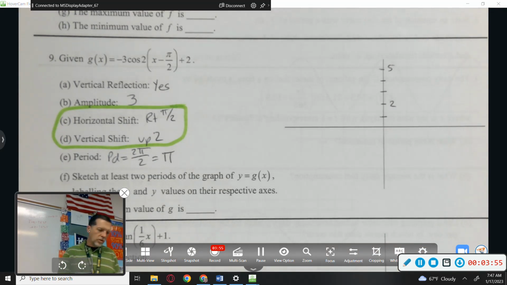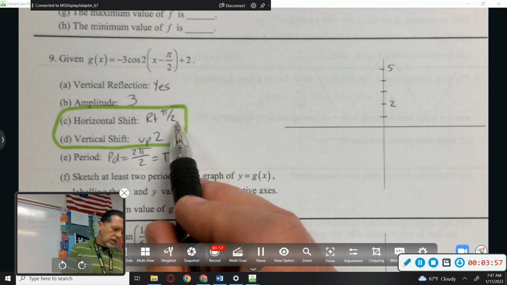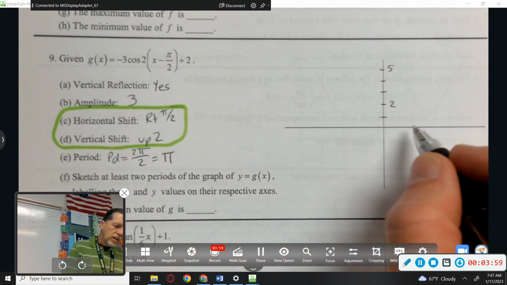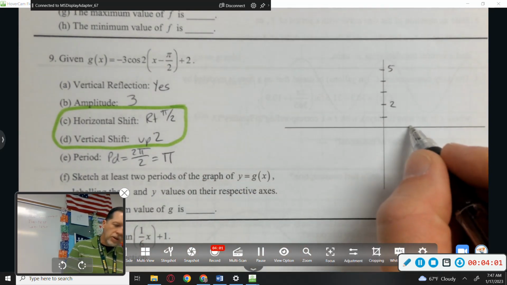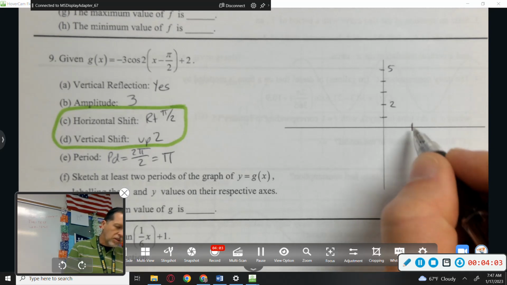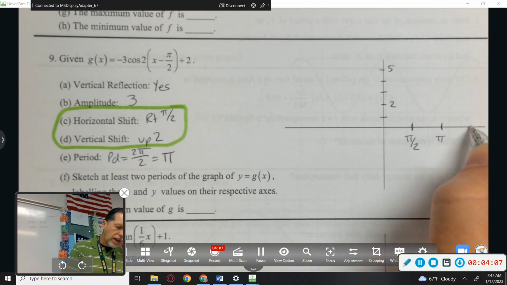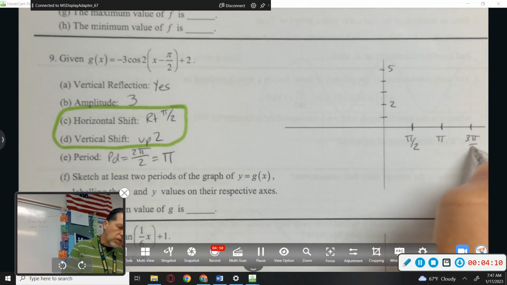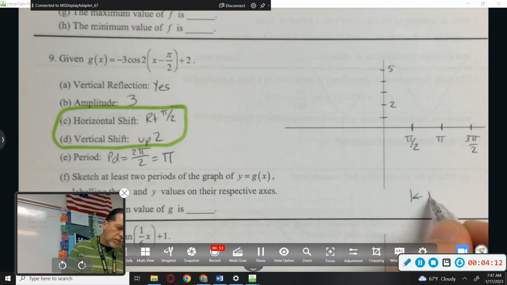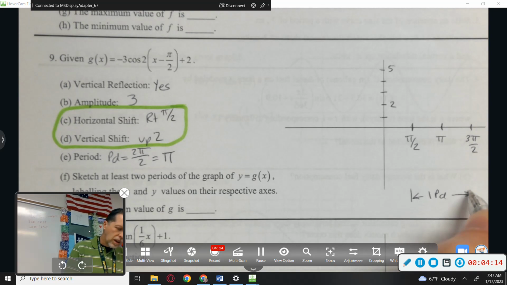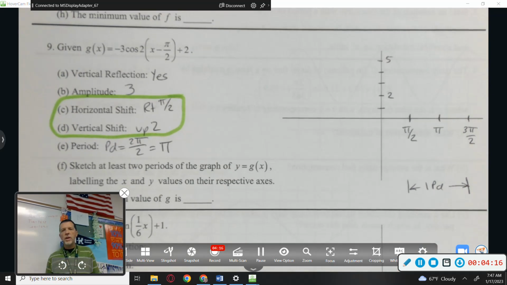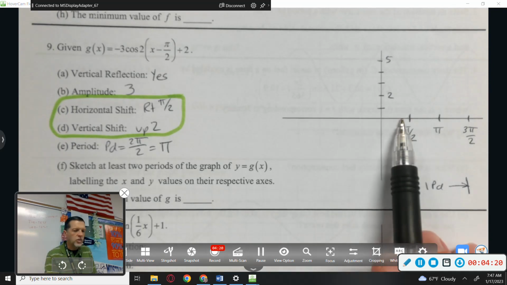And then a horizontal shift of pi over 2. The period is pi, so I could put pi over 2 a pretty good distance away. And then the next one would be pi, and then 3 pi over 2. And so there's my one period between pi over 2 and 3 pi over 2, because I'm going to start at pi over 2, and I'm going to go pi away.